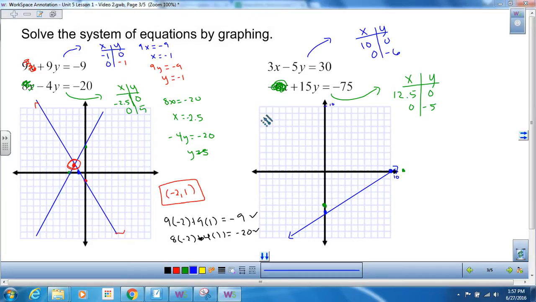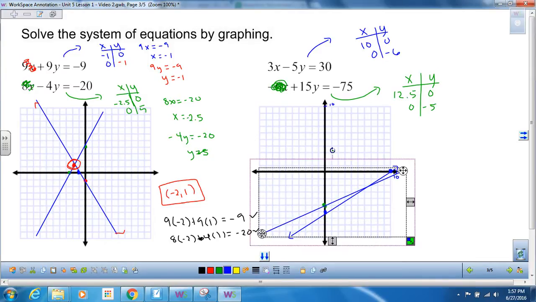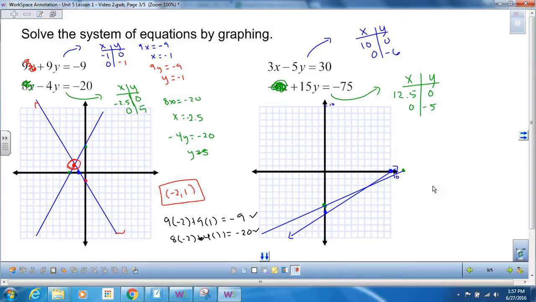Okay. And it's a little bit hard to tell, but your lines are probably a little bit off, so if you need to just pick one of these points and then check to see that it's right, we'll do that.